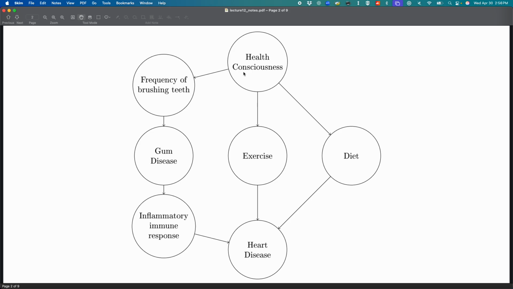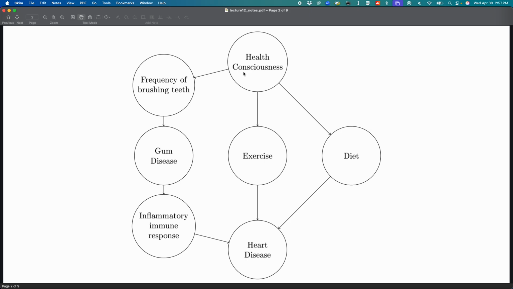Gum disease can lead to an inflammatory immune response, and that can lead to heart disease, right? This may cause this, this may cause this, but it's not necessarily this thing that causes this thing, right?